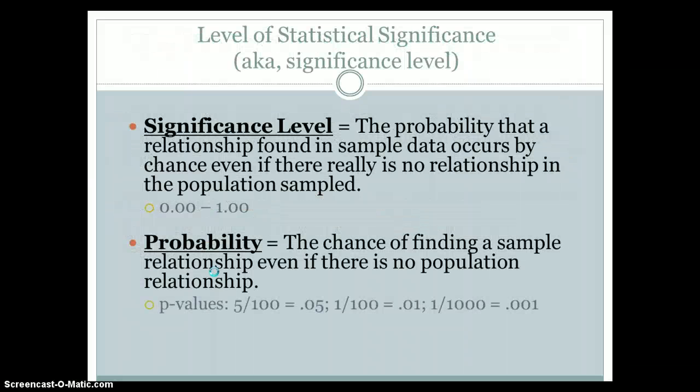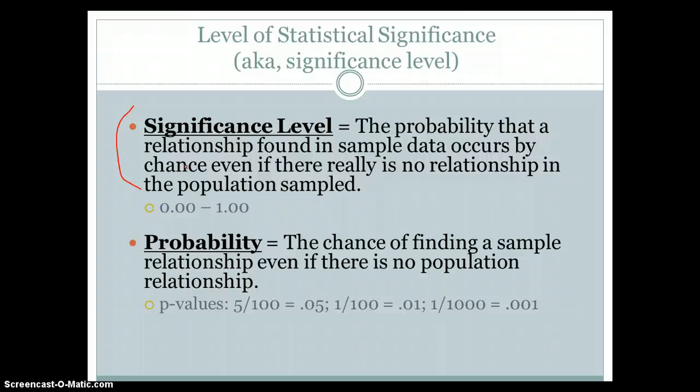And as we've talked before, there are a couple of ways we talk about this level of statistical significance. We simply say that significance level is the probability that a relationship found in sample data occurs by chance, even if there is really no relationship in the population sampled.